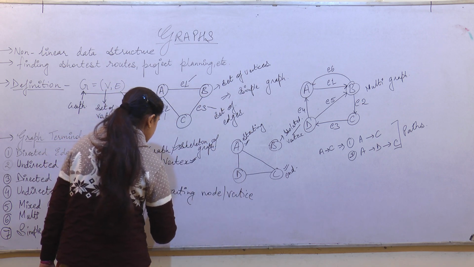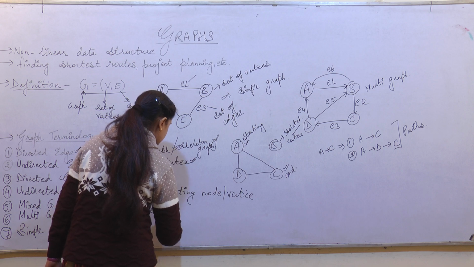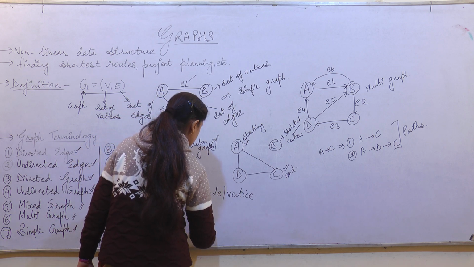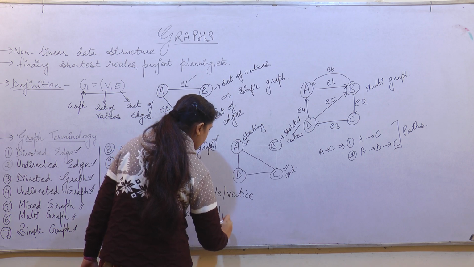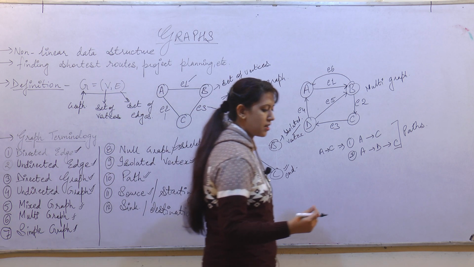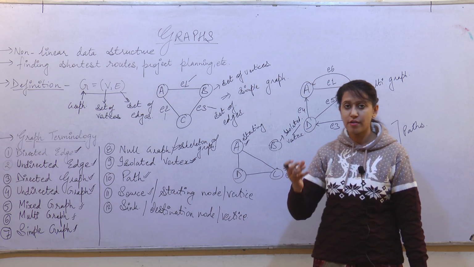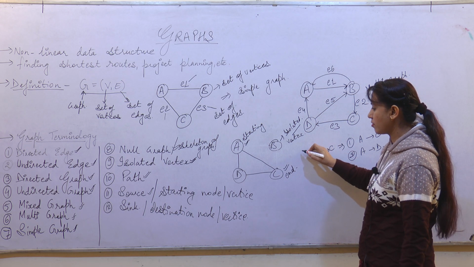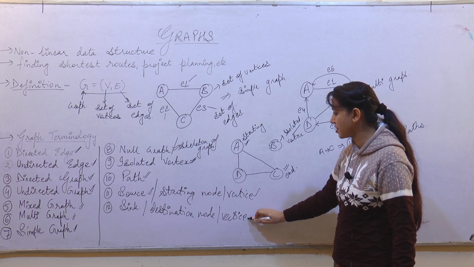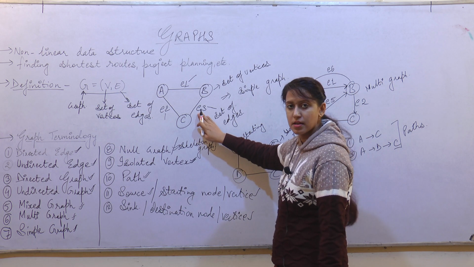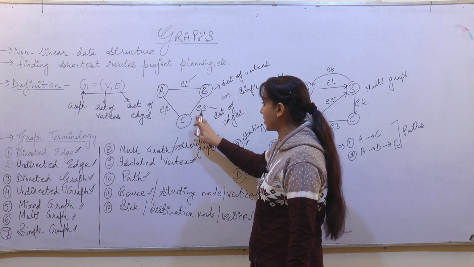Sink is the destination node or vertex. So source and sink are the vertices which are the starting node and the destination node. Let's take this example of the graph.